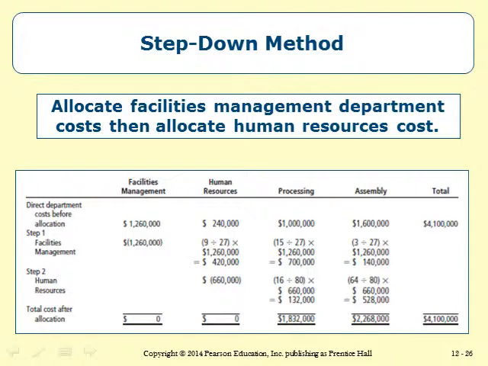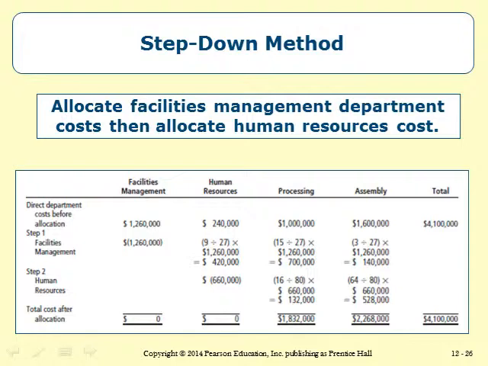The $660,000 human resources costs allocated to the producing departments include the amount allocated to human resources from facilities management of $420,000, in addition to the direct human resources department costs of $240,000. So before allocation, the 4 departments incurred costs of $4.1 million.